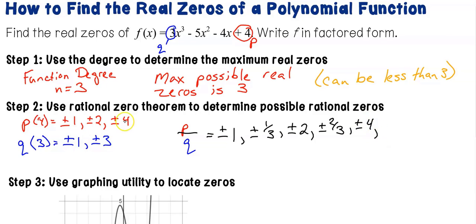And the last one, 4 divided by 3, cannot be reduced, so it would be plus or minus 4/3.